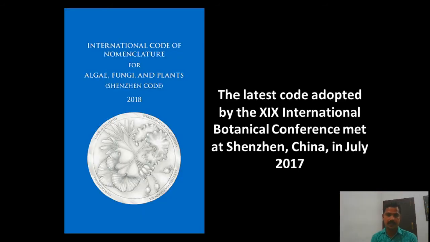So this is the present code, ICN, International Code of Nomenclature for Algae, Fungi and Plants. That is known as the Shenzhen Code, because the 19th IBC was held at Shenzhen in China in the year 2017, and the code became effective from 1st January 2018.